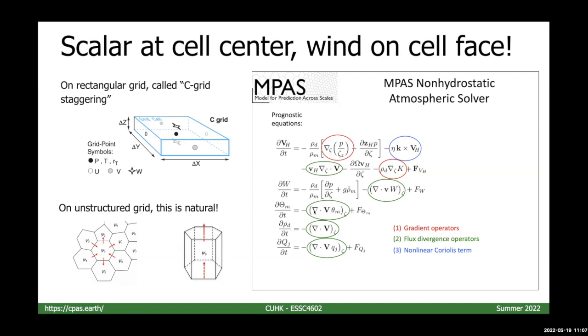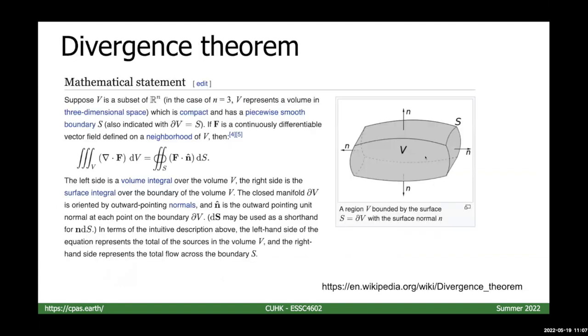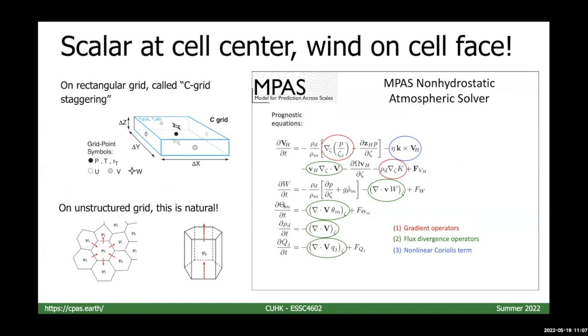For heat, we talk about the heat flux. So if this cell is warmer, and then the warm air mass goes out of this finite volume, you will have heat flux. So the rate of change of temperature or potential temperature is related to the heat flux going out. Of course, you have driving terms.